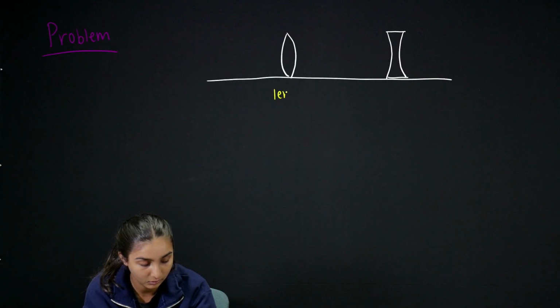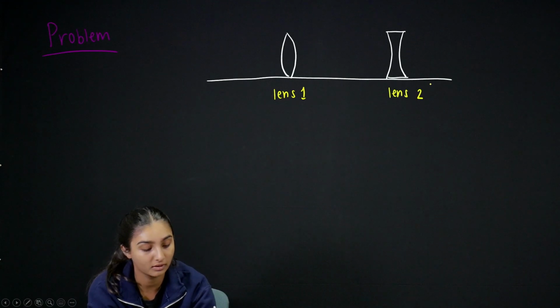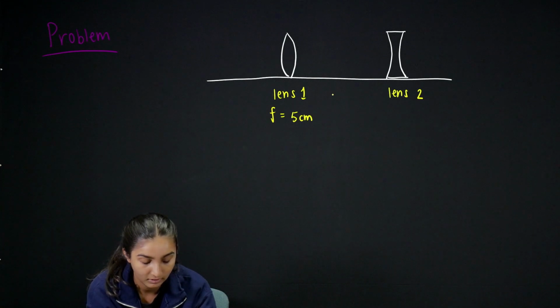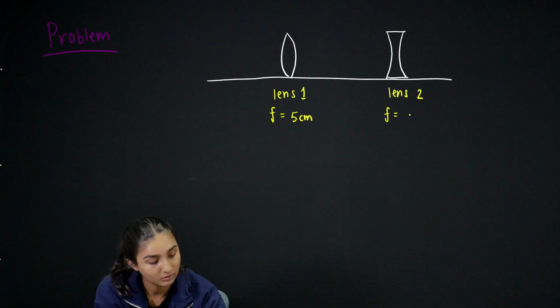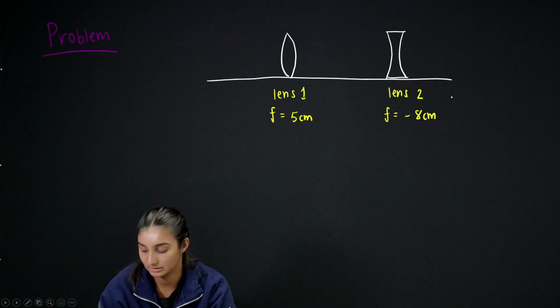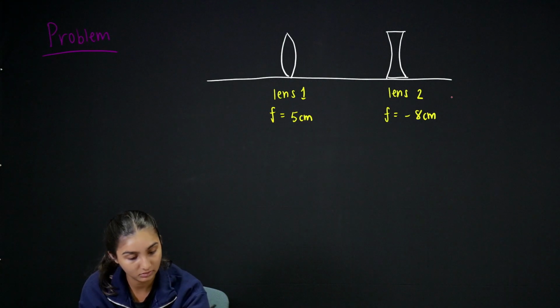So this is lens 1 and lens 2. For lens 1, the focal length is 5 centimeters, and for lens 2, it is going to be -8 centimeters because it's diverging. And our object is right here.